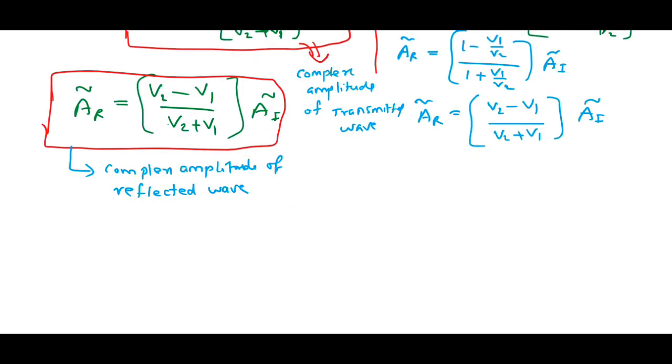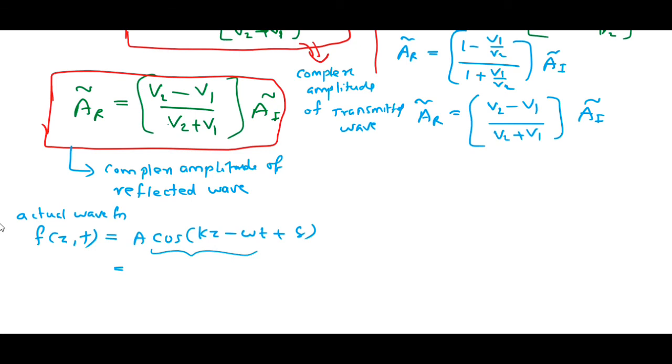We already learned to write the wave function in the real form. It is a real wave function. F of x,t is equal to, this is an actual wave function, A cos(kz minus omega t plus delta). This can be written as the real part of a complex number.